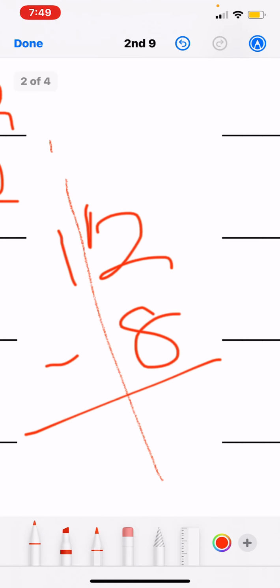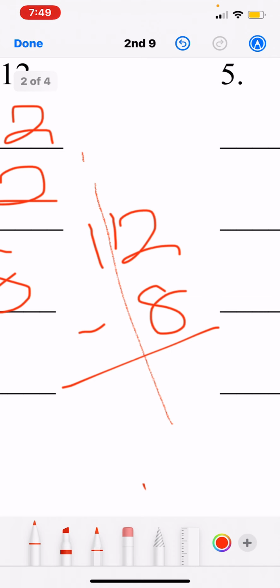I'm going to add 10 to 2, so then that becomes 12. And then I'm going to come to the 1 here. I'm going to cross it out. I'm going to subtract this 1 by 1. So 1 minus 1 equals 0. And that becomes 0. Now I have 12 minus 8. 12 minus 8 equals 4.